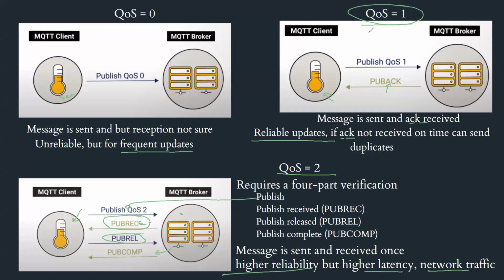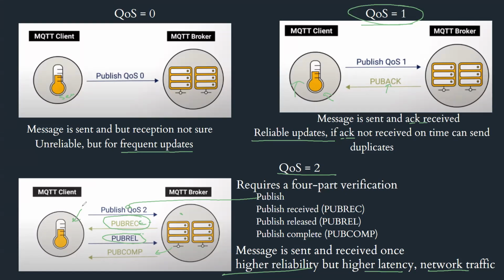But again, even though we have the acknowledgement, sometimes we might not get the acknowledgement back from the MQTT broker, right? If we get a delay from the MQTT broker, then the one transmitting the data will resend the same data again and again until it receives an acknowledgement. So therefore, duplicates can happen in this scenario.